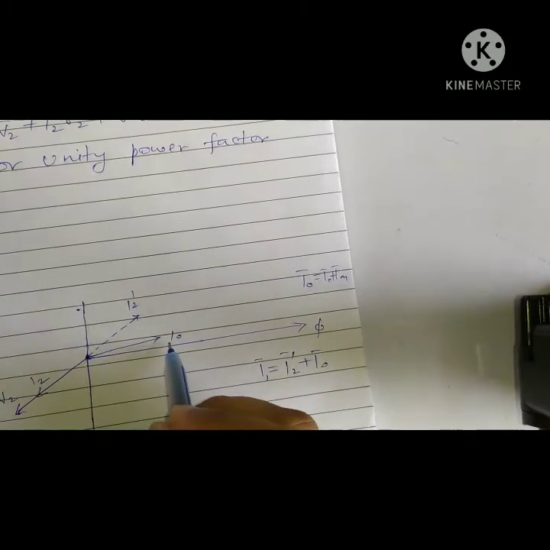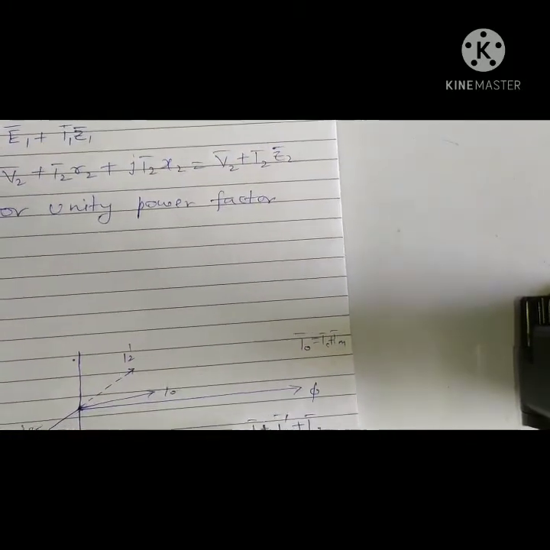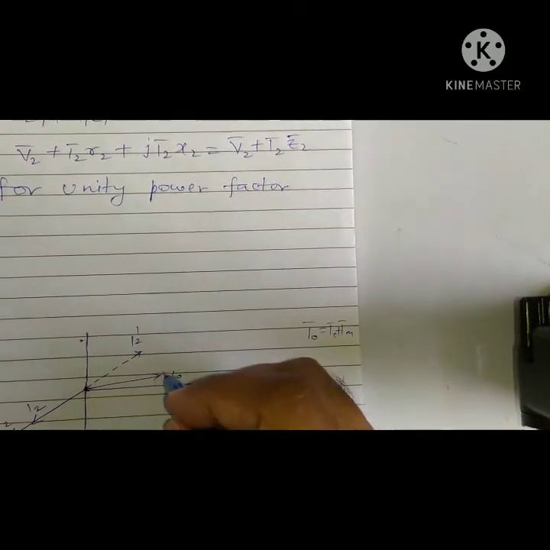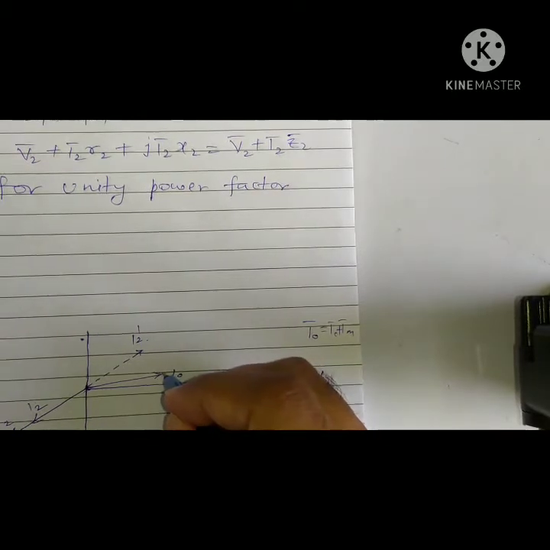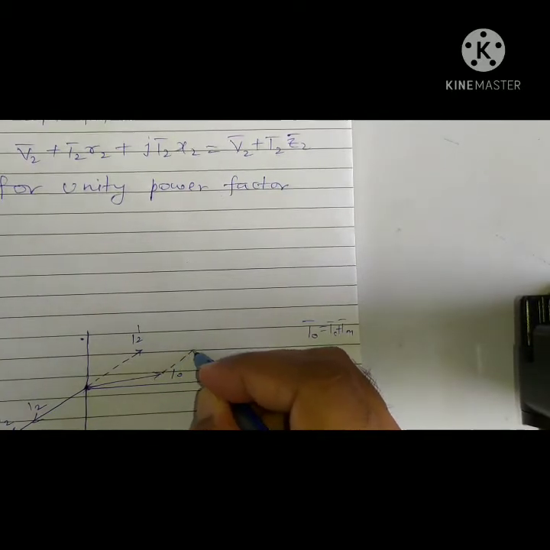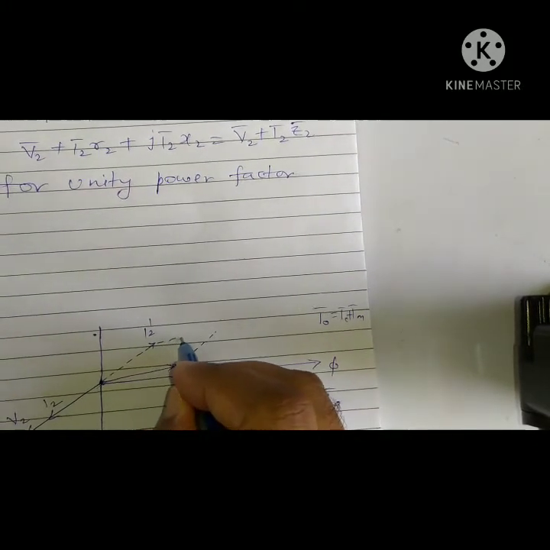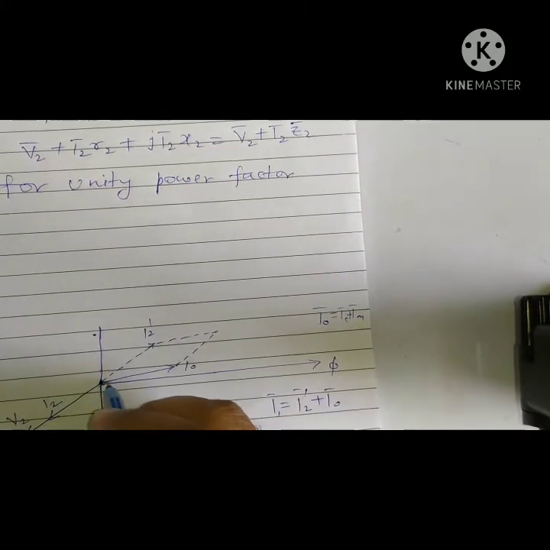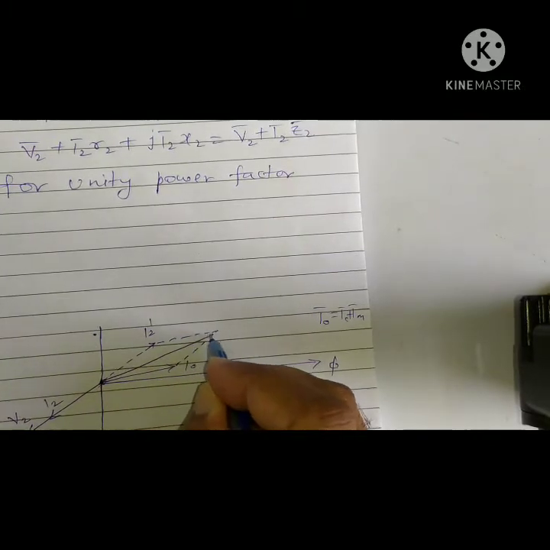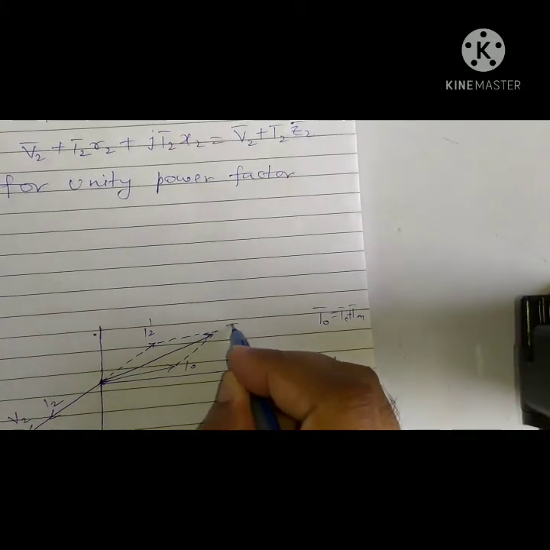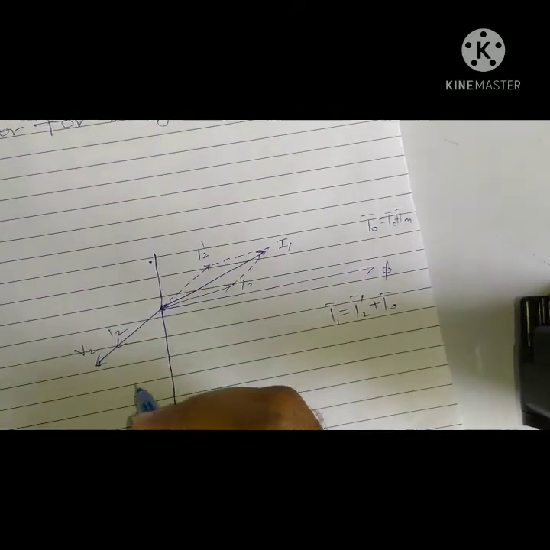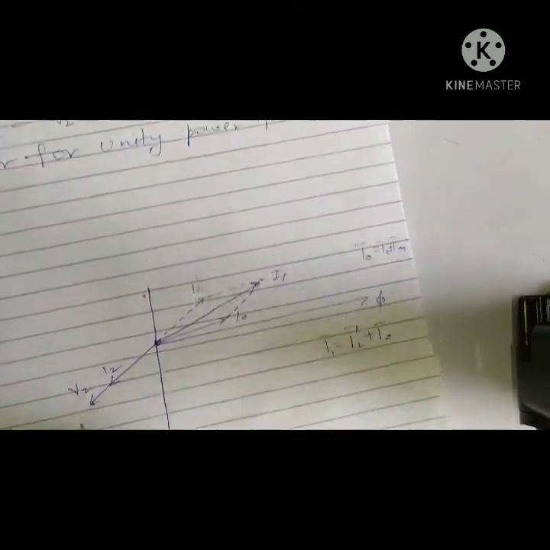So we have I naught and I2 dash, their phasor sum will be I1, and that can be shown by completing this parallelogram. So this current is I1, right?